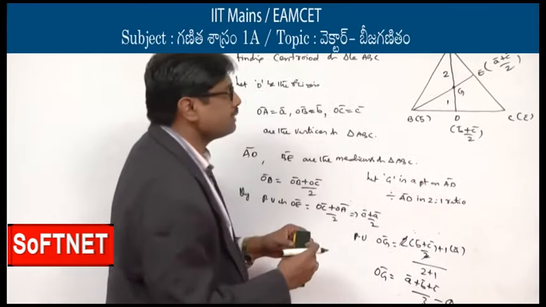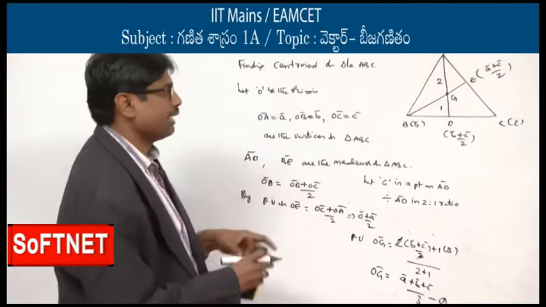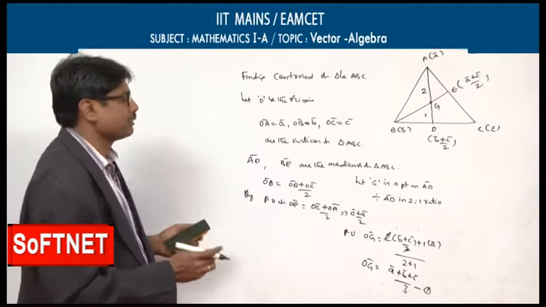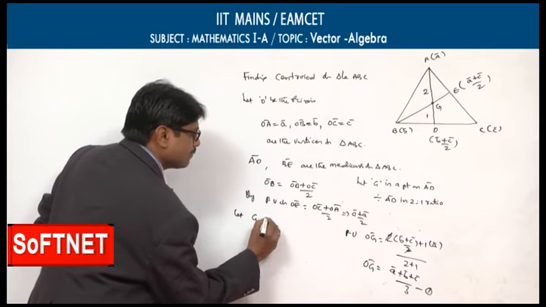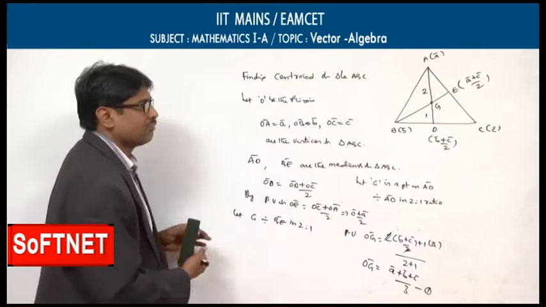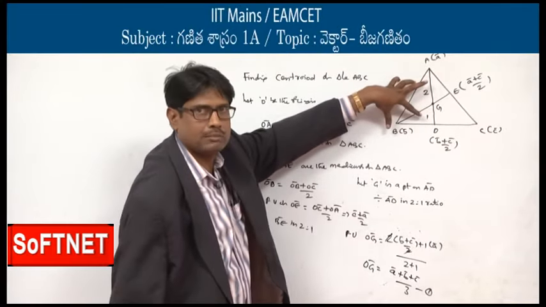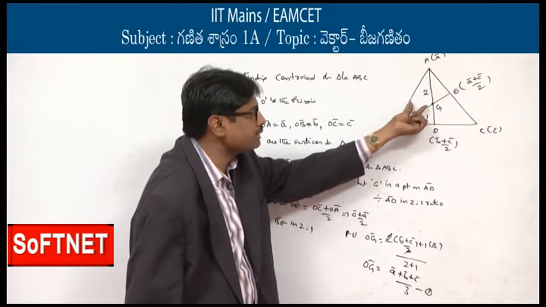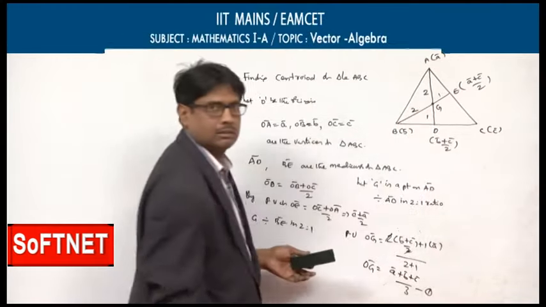We calculated the G position vector with respect to the AD median. Now we find OG with respect to BE. Again let G divide BE bar in the 2:1 ratio. First I calculated the position vector of G with respect to the median AD. Now calculating G with respect to BE, it divides in the same ratio 2:1.